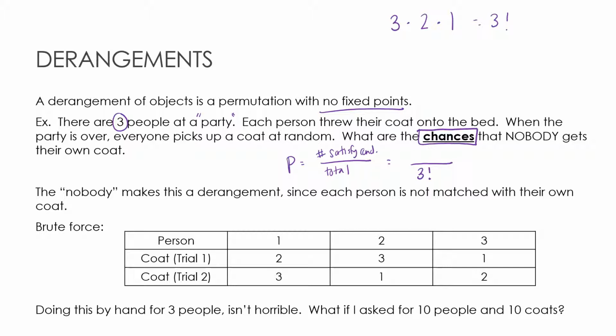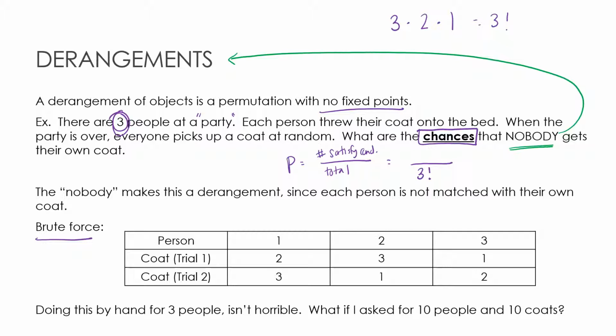The numerator is a little bit more work, or a lot more work. In this case, just a little, because we're looking at 3 people. So let's look at the brute force method before we look at how we can use our principle of inclusion and exclusion to help us. What we're looking at here is that nobody gets their own coat. That nobody is what makes it a derangement.